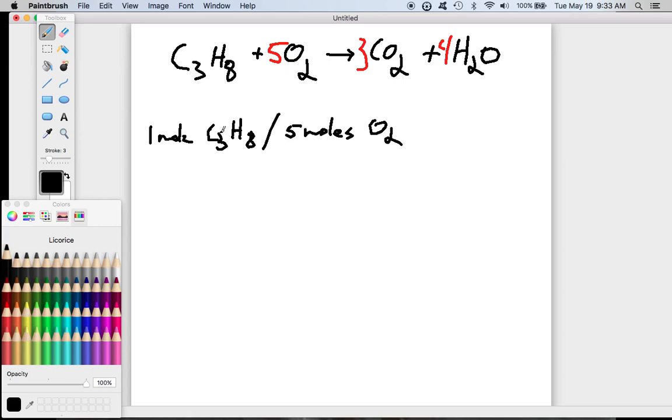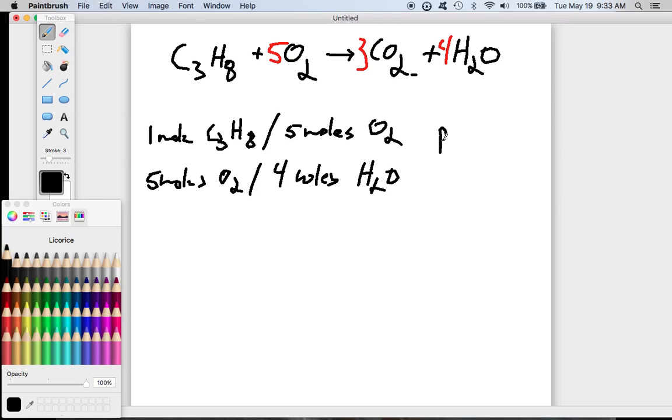I can also say, for 5 moles of O2, well, I need 1 mole of propane, but for 5 moles of O2, I can produce 4 moles of H2O. So if I put 5 in, I get 4 out.